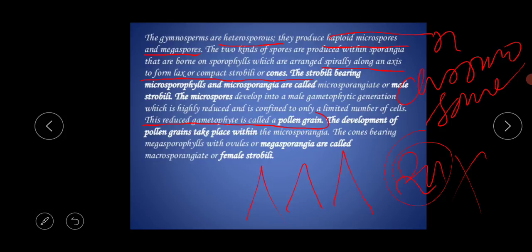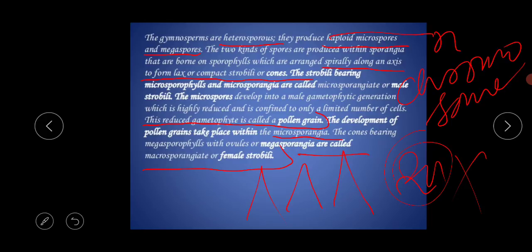The cones bearing megasporophylls with ovules or megasporangia are called female strobili. So both male strobili and female strobili are needed for reproduction.